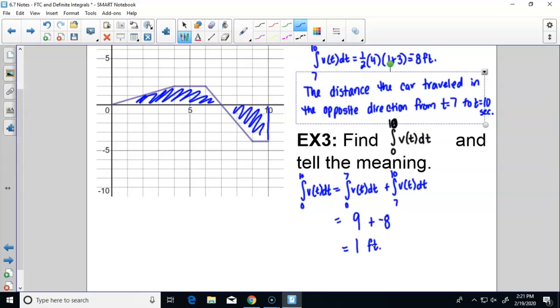Okay, now let's talk about what this means. Now, the other times I've just said it's the distance the car travels, right? But if the car traveled 9 feet in the positive direction from 0 to 7, and then it traveled 8 feet in the negative direction from 7 to 10, how far did it travel altogether?